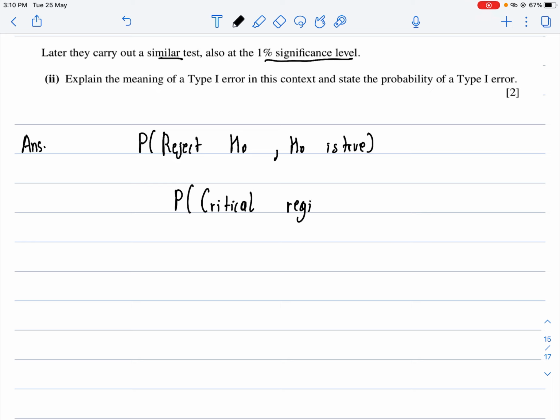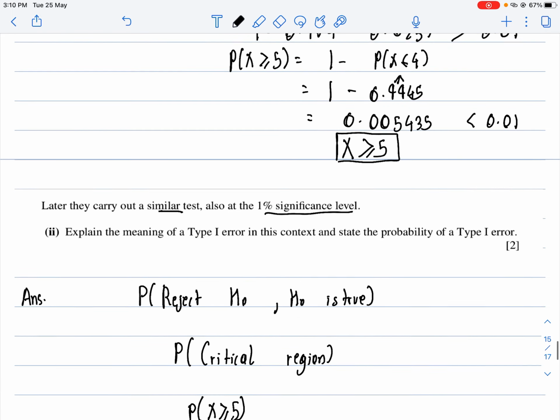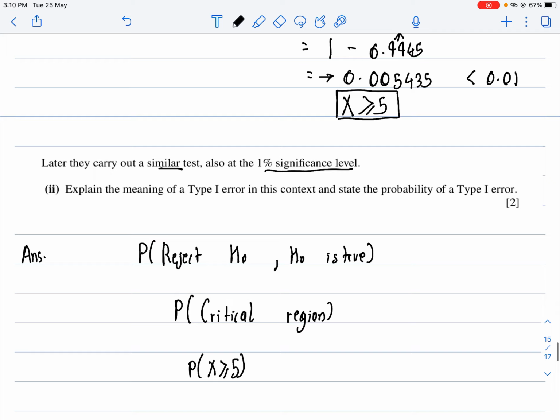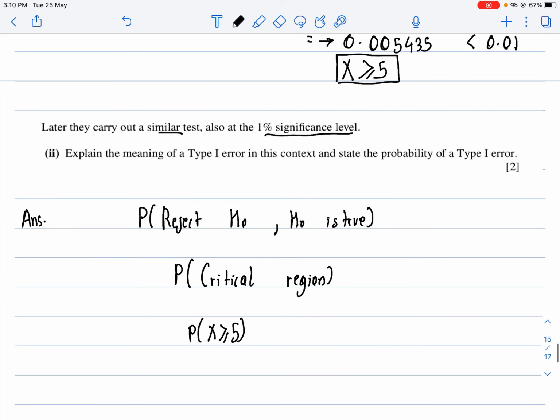Now you know your critical region from part A is simply x more than or equal to 5, and the probability we calculated for that is 0.00544. So I can write this as 0.00544, which is the final answer of part 2.